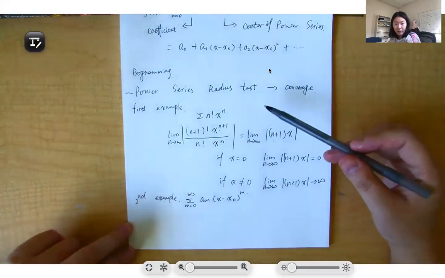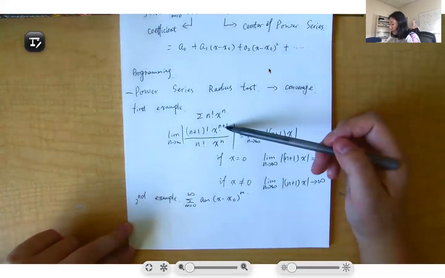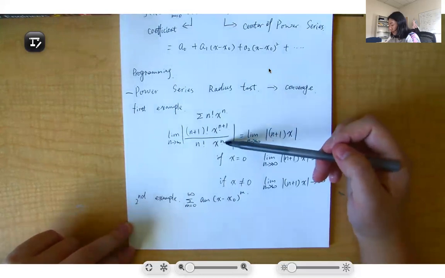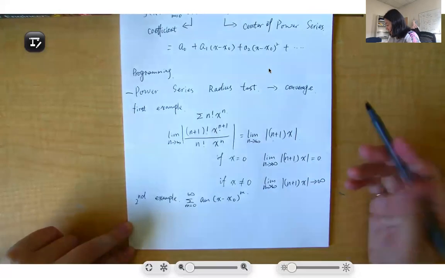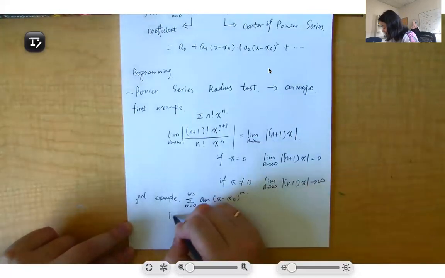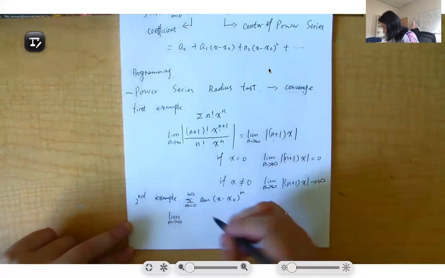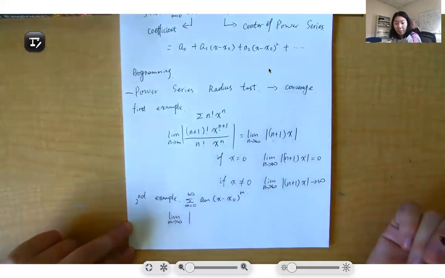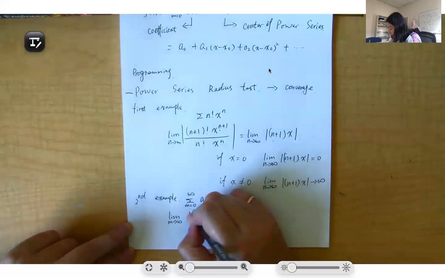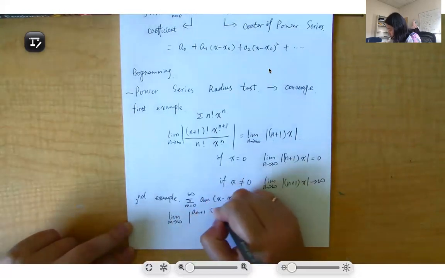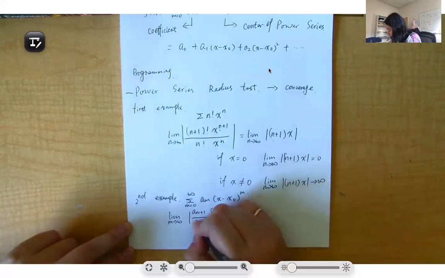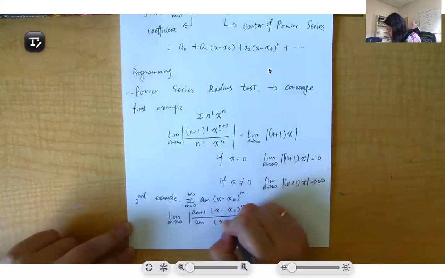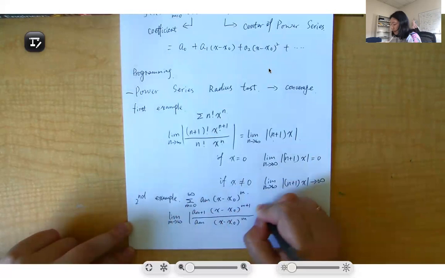The radius test compares the n plus 1 step with the n step, when n is going to infinity, for the limit. When m is going to infinity, the m plus 1 step will be a_(m+1) times (x minus x naught) to the m plus 1, divided by a_m times (x minus x naught) to the m, right?